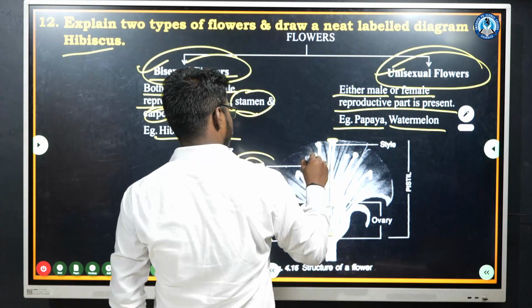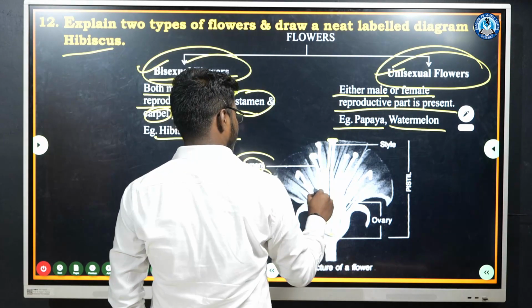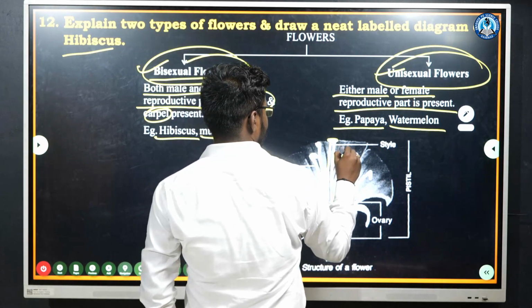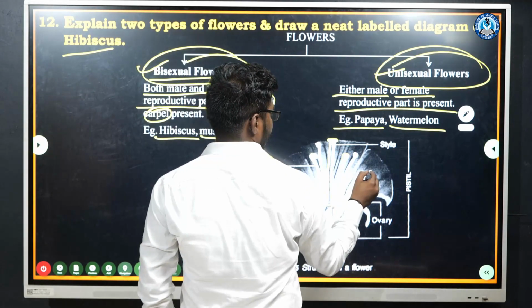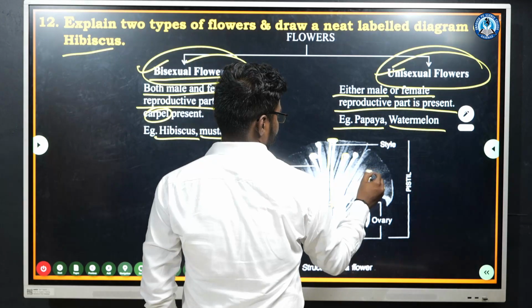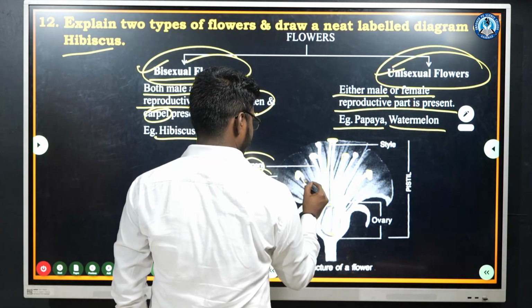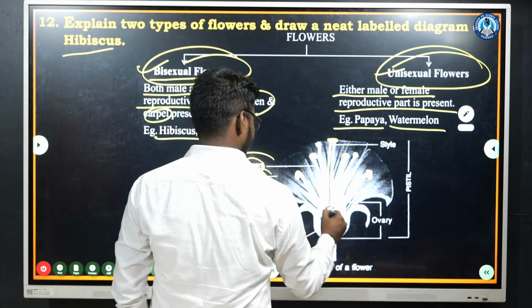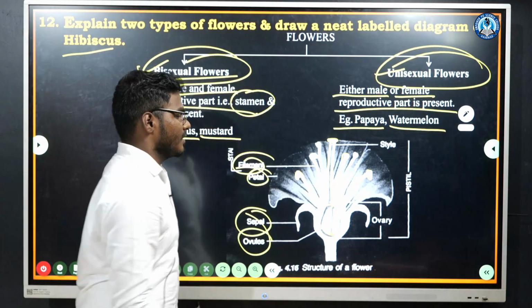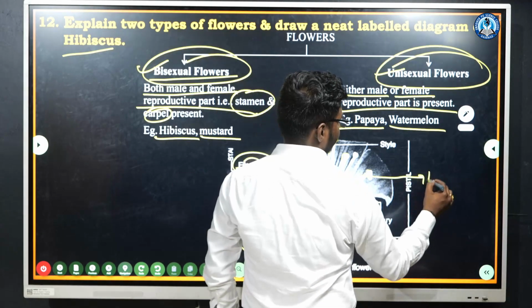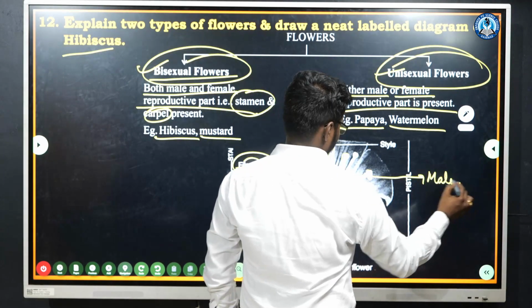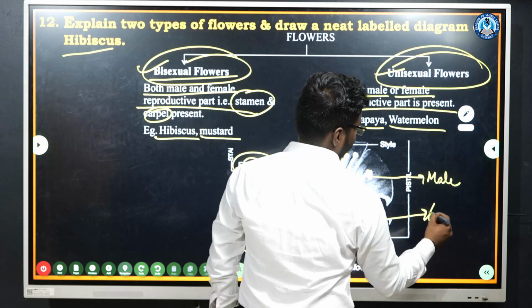Can you see this? These are the stamens, this is the male part, and this is the female part.